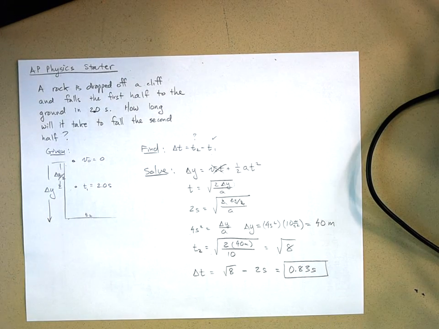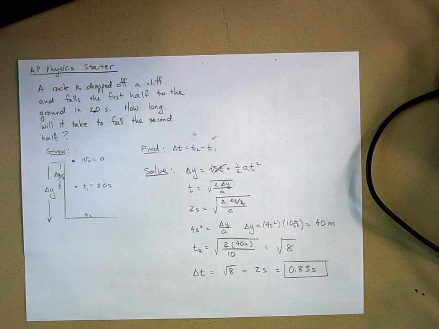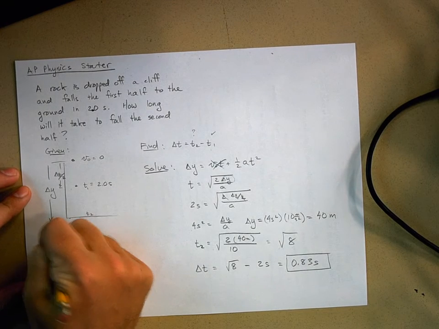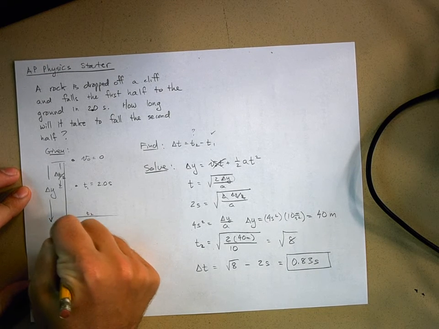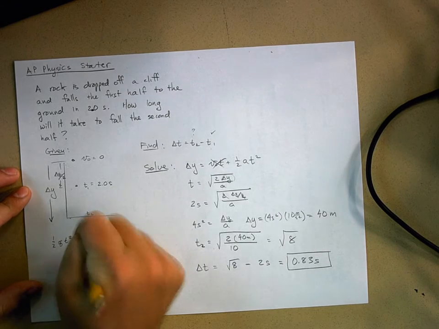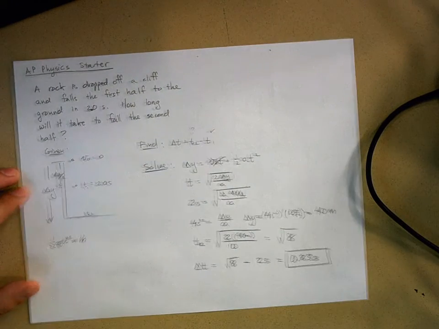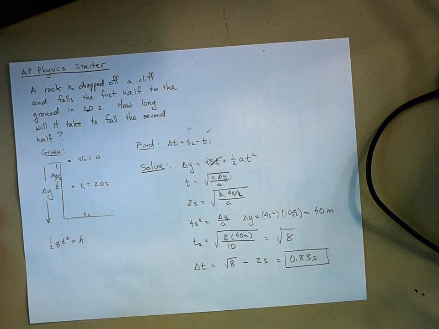All right. So the first part of the problem is we're calculating the distance that's crossed in those 2 seconds. The way that we do that, where t is 2 seconds. Okay.